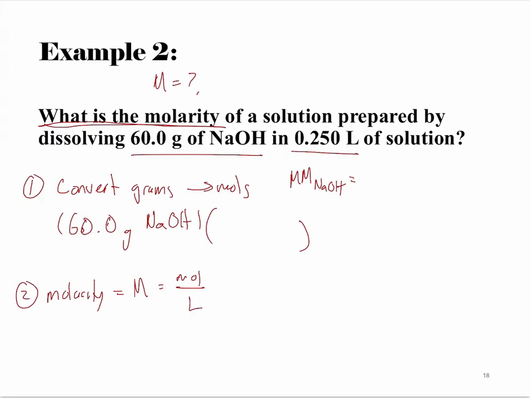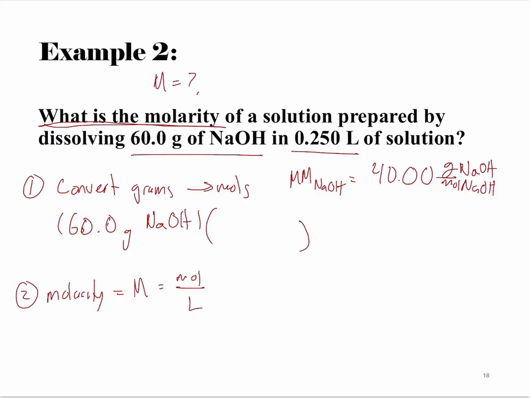Yeah, what's the molar mass of that molecule, NaOH? 39.99, we'll just say 40.00 is close enough. But yeah, that's correct. 40.00 grams per mole of sodium hydroxide. All right, so that's how we get the molar mass.